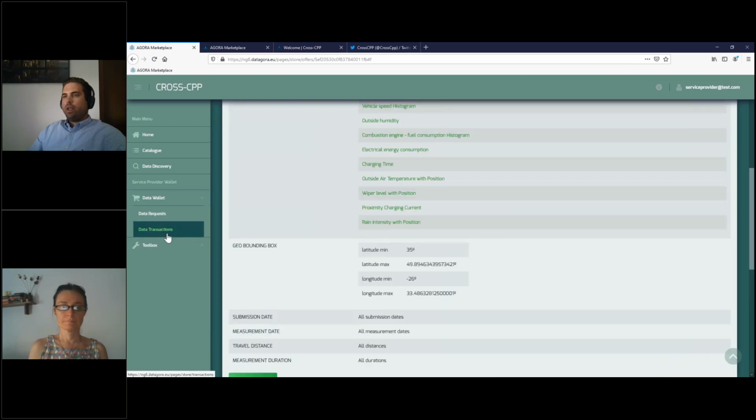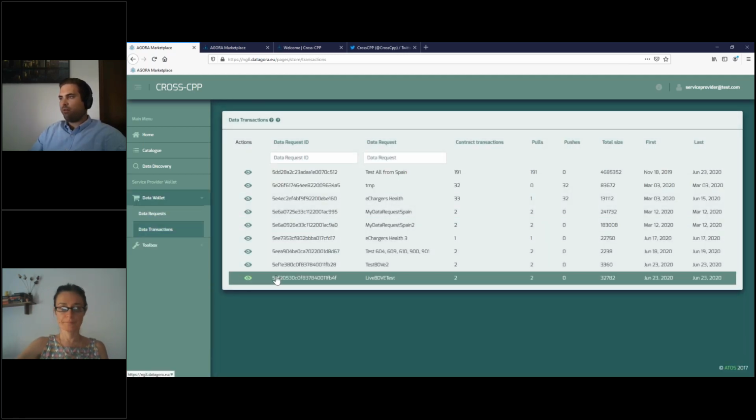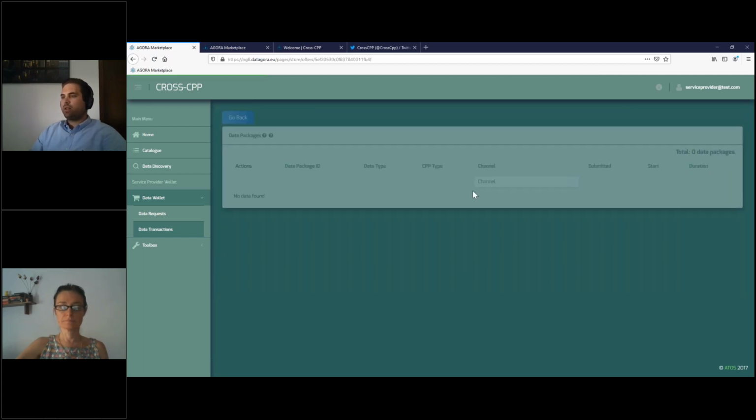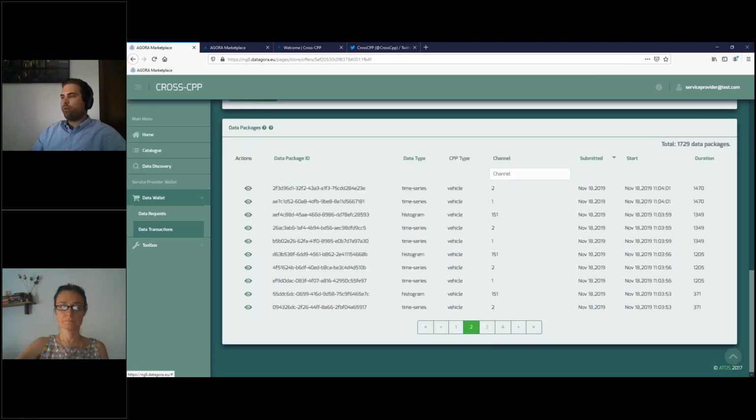Then we can also see the transaction that we have made. Basically we have two contract transactions in place, because it has been approved by one data owner, which is the vehicle, and the other data owner, which is the building owner. We can see here the contract that we have made and all the information that we have collected from this data owner.